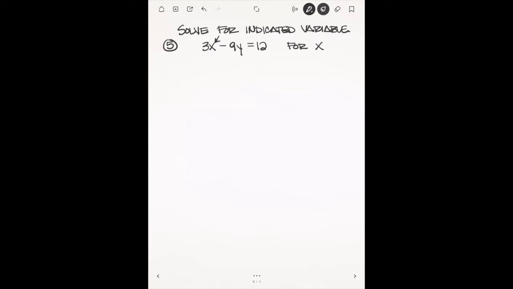So to get x by itself, we have to get rid of the minus 9y. So I'm going to add the 9y to both sides. And I get 3x is equal to 9y plus 12. Divide both sides by 3, or divide everything by 3.